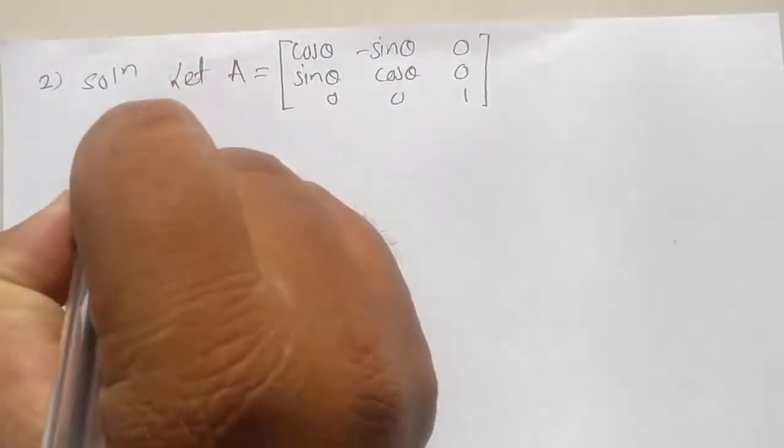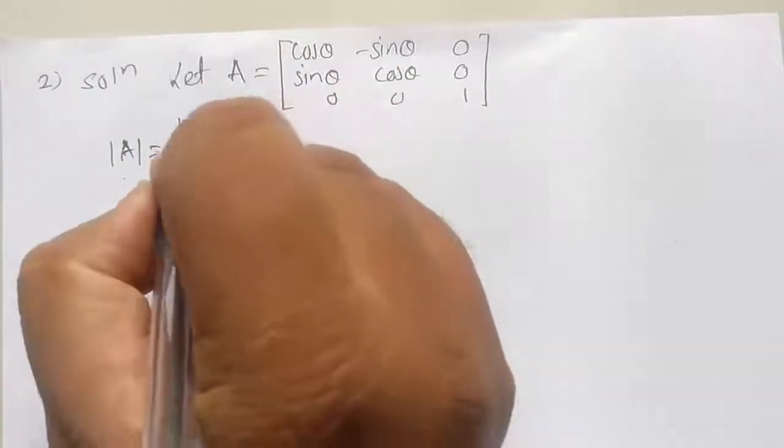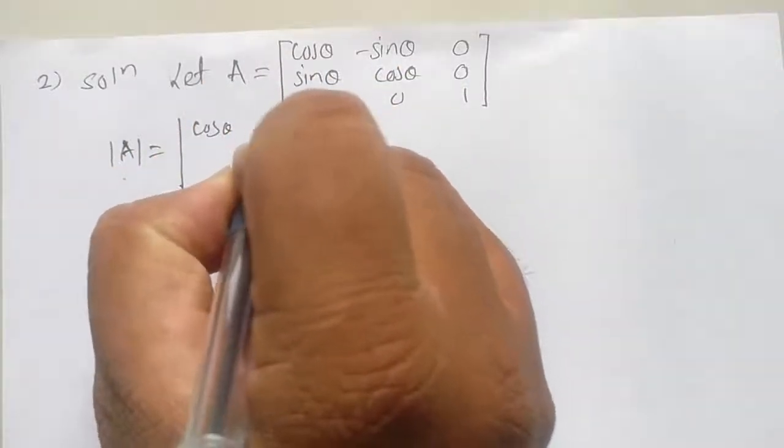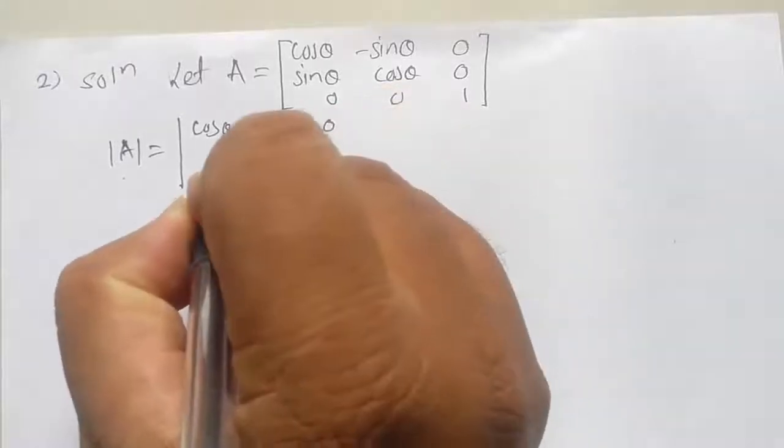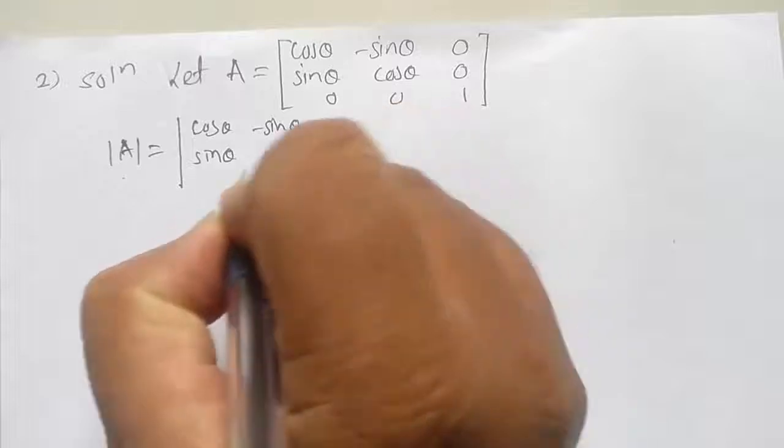So let us denote the determinant of A. Determinant means the determinant of the given matrix: cos theta, minus sin theta, 0, sin theta, cos theta, 0, 0, 0, 1.